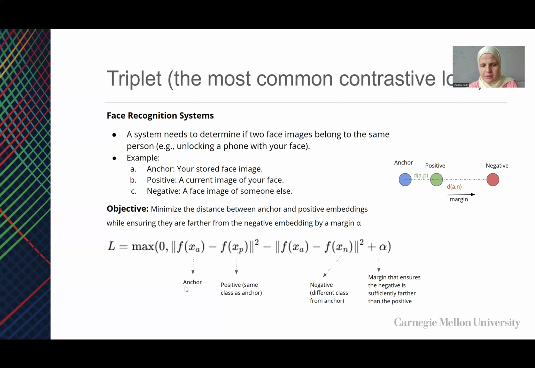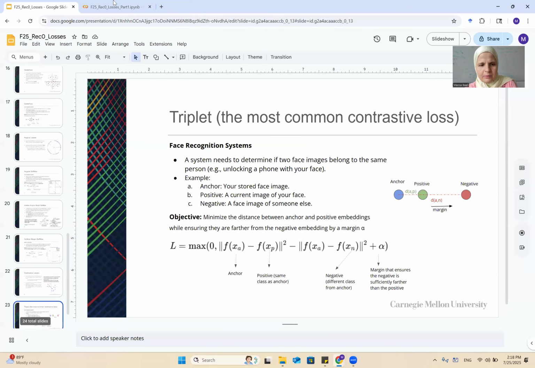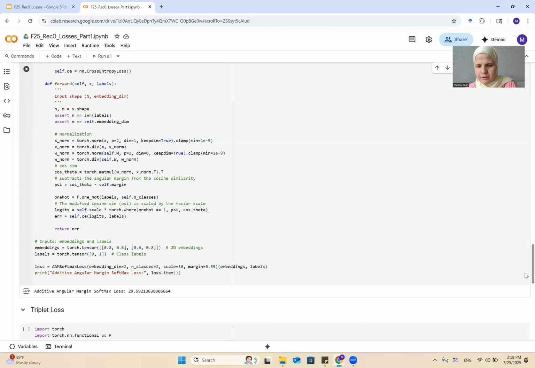So this is the formula. This is the anchor. This is the positive sample. And this is the negative, which is a different class from the anchor. And then this is the margin, which ensures that the negative is sufficiently farther than the positive. And here is the triplet loss.